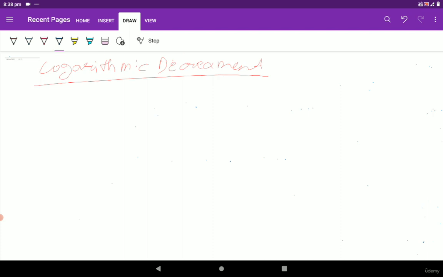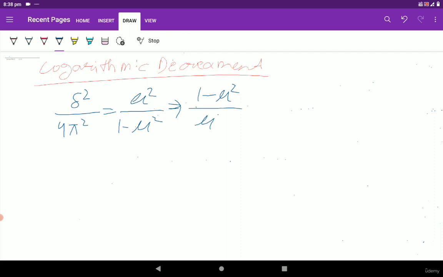So let's further solve. Del square divided by 4 pi square is equal to damping factor square upon 1 minus damping factor square, which gives 1 minus damping factor square by damping factor square is equal to 4 pi square divided by del square. So 1 by damping factor square minus 1 is equal to 4 pi square by del square.